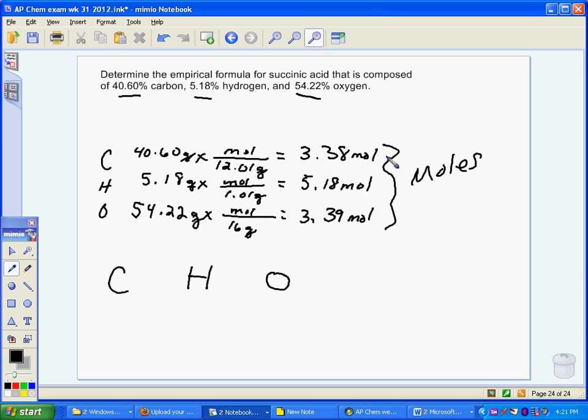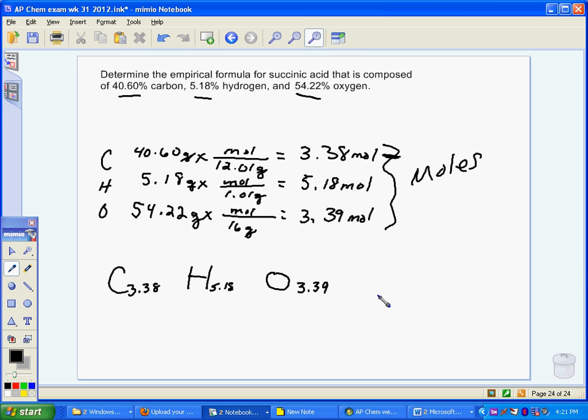I'm going to take this number and put it down here, because in this formula I've got 3.38 moles of carbon. I've got 5.18 moles of hydrogen, and I've got 3.39 moles of oxygen.